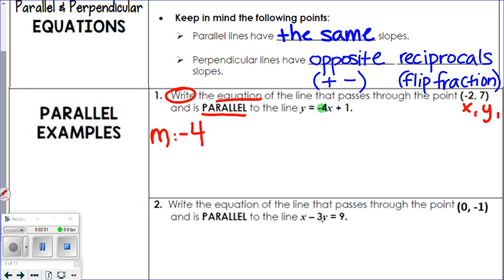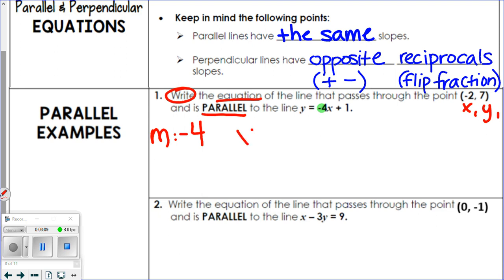So if I have my point and I have a slope, I need to write this in point-slope form. So you might want to have your notes out in front of you that has slope-intercept form, point-slope form, and standard form. And let's write it out.